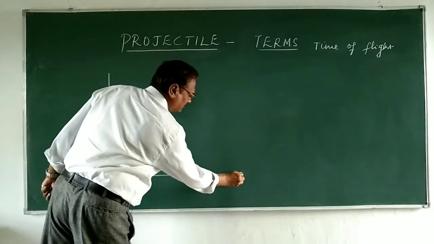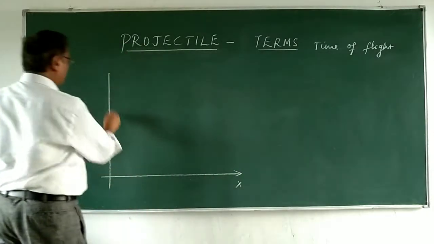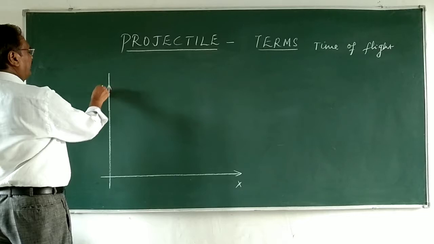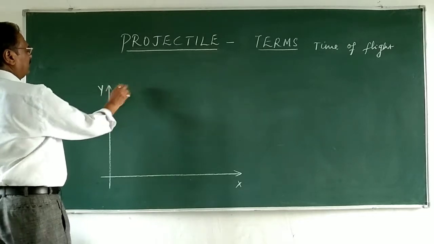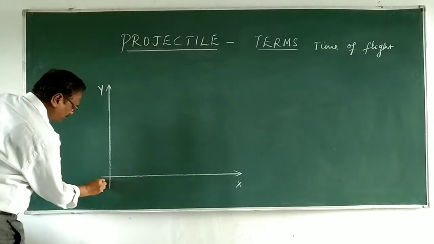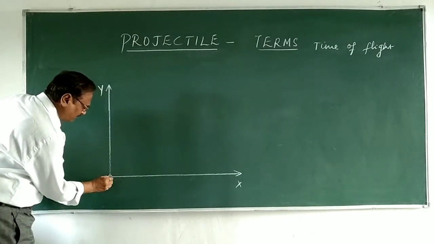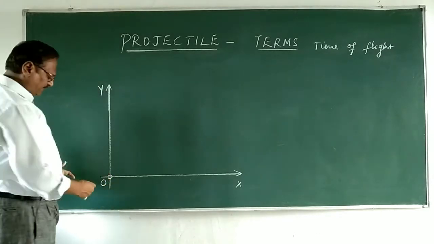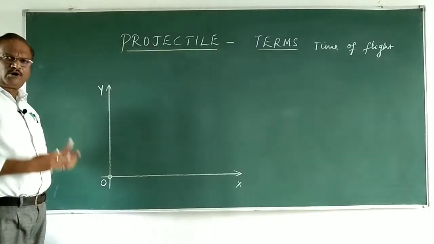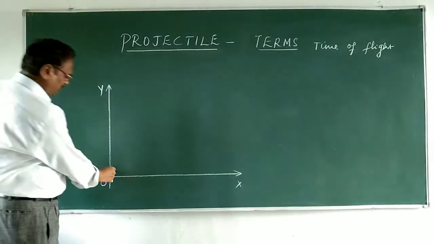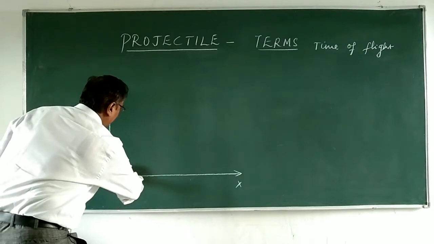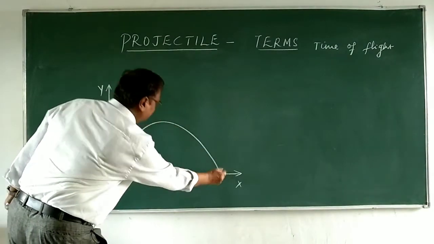This is the x direction and this is the y direction. Now this is the origin, and we take an object, a bullet, a shell, or a ball, we kick a ball, let us say, and the body is traveling like this and falling like this.